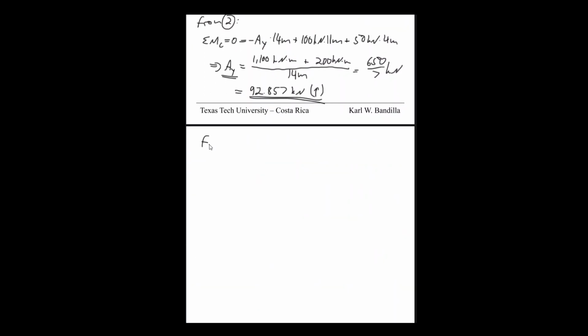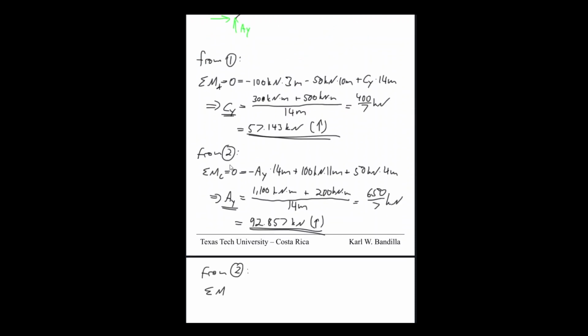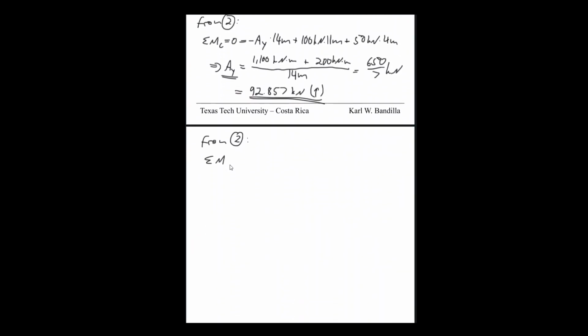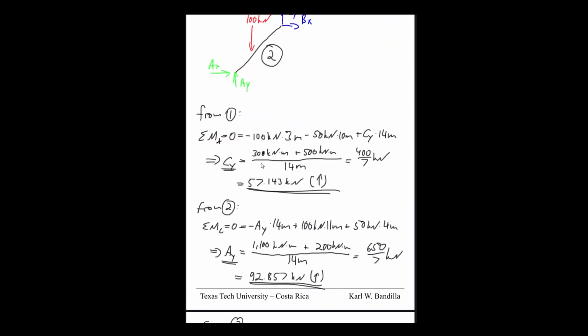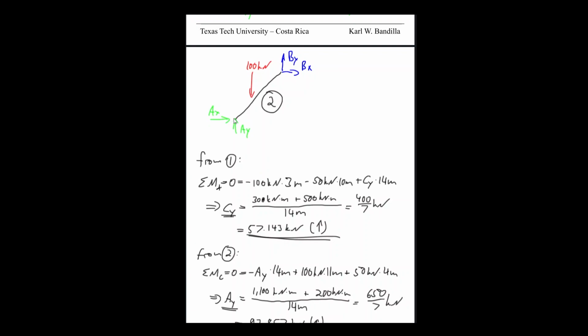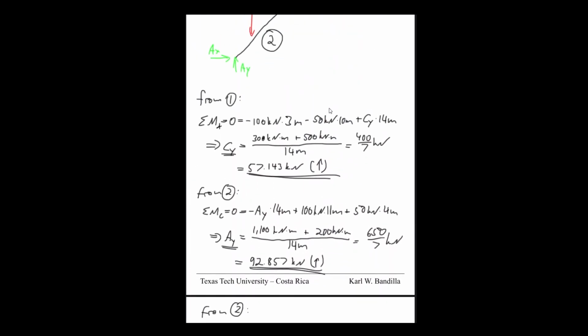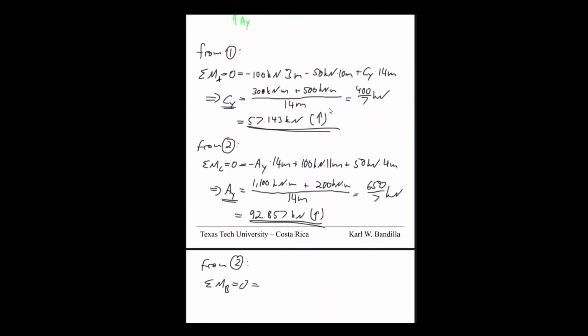From 2, sum of moments around B equals 0. Ax is positive, and this is all 6 meters. So Ax times 6 meters.